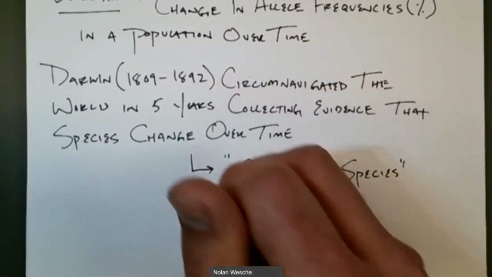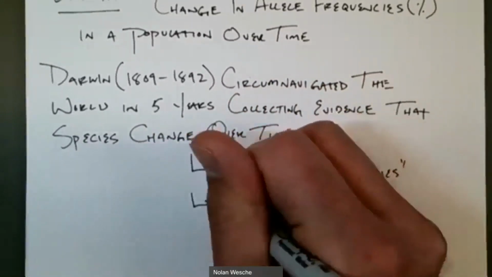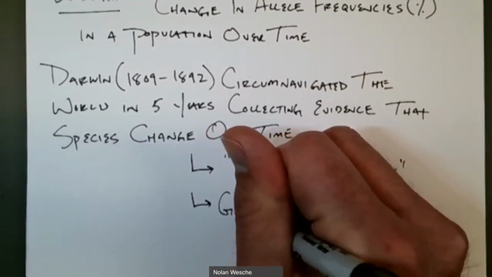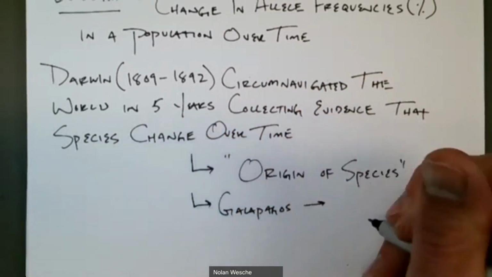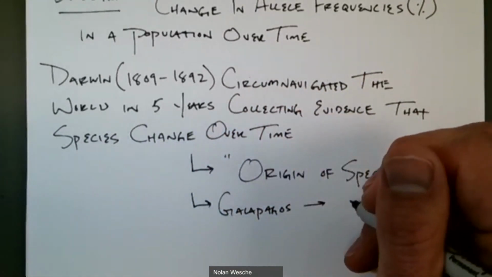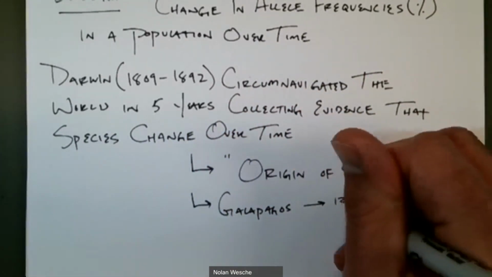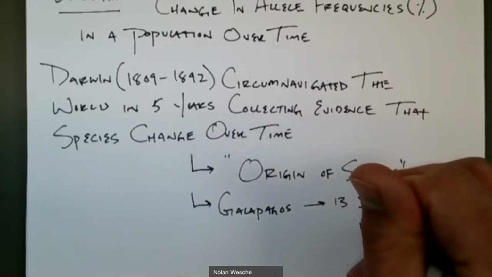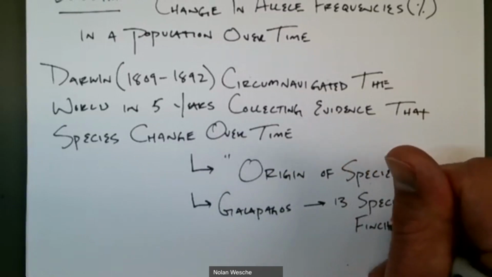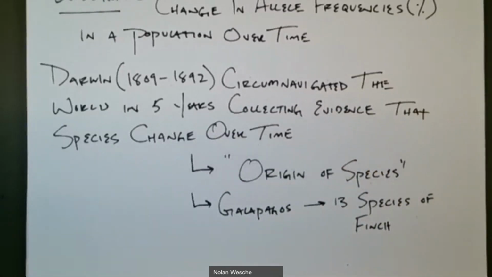And again, we'll look at these finches, the Galapagos finches, and really other organisms on the Galapagos that are all very unique because of these selective pressures, these 13 different species of finch that are called Darwin's finches. We'll talk about that example here shortly.